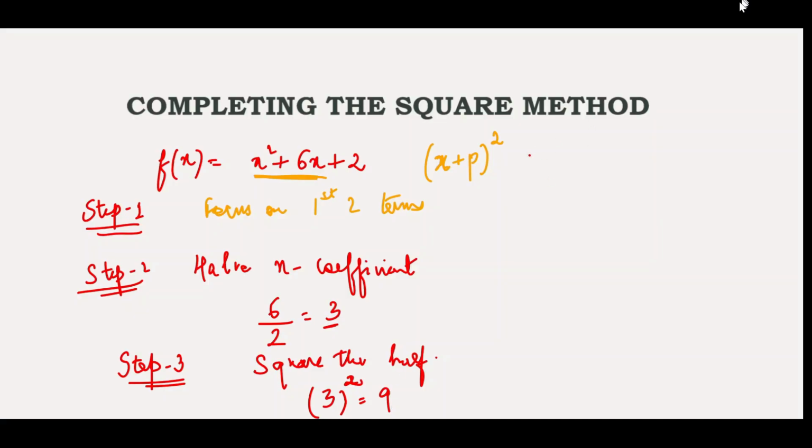Now, the next step, which is a very important step, is step 4. In step 4, in this whole expression, we are going to add and subtract 9, because we were focusing on the first two terms only. So let's write the expression x squared plus 6x, and we are going to add and simultaneously subtract the number which we got in step 3.